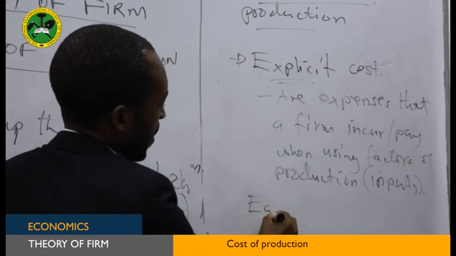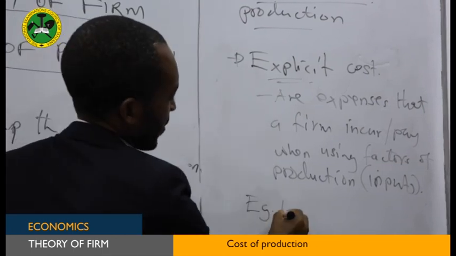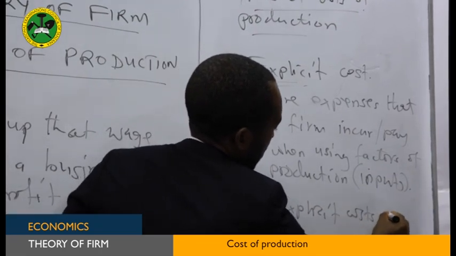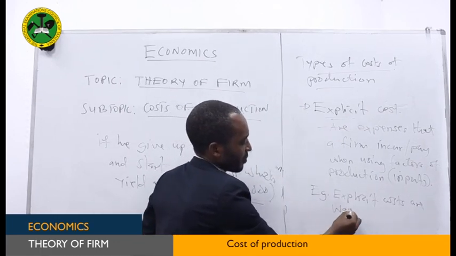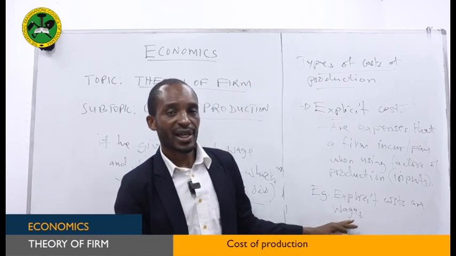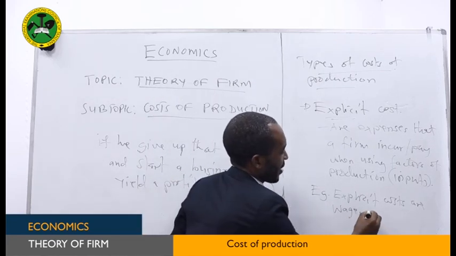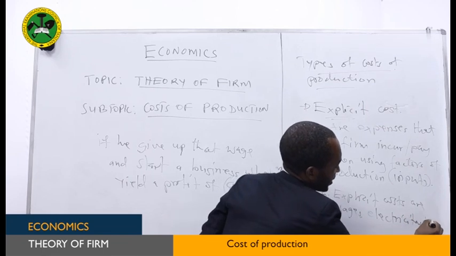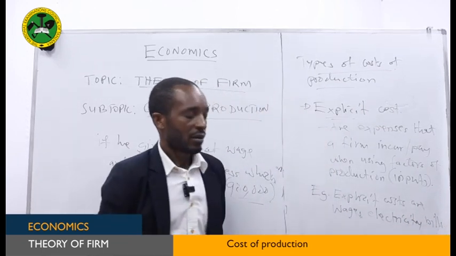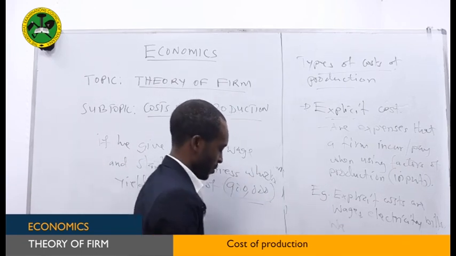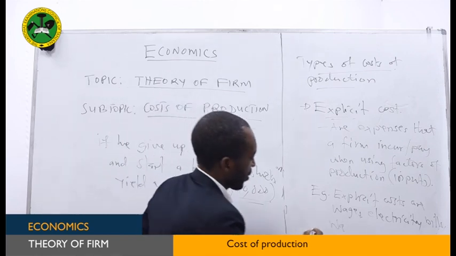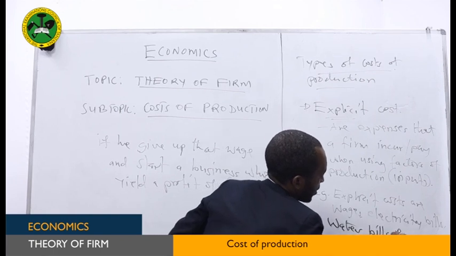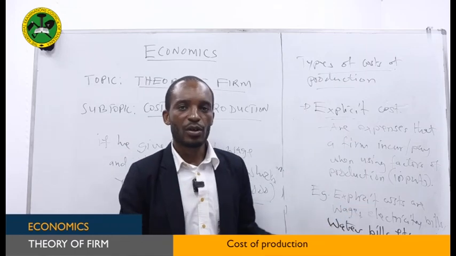Examples of explicit costs are wages that workers are being paid, then electricity bills, then water bills, etc.